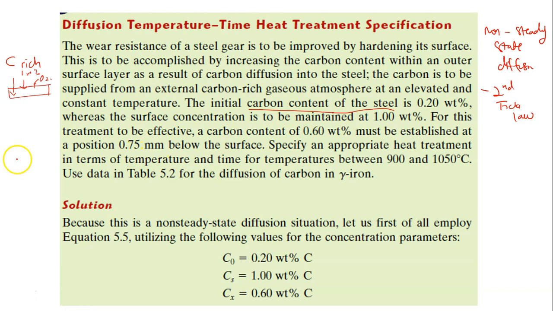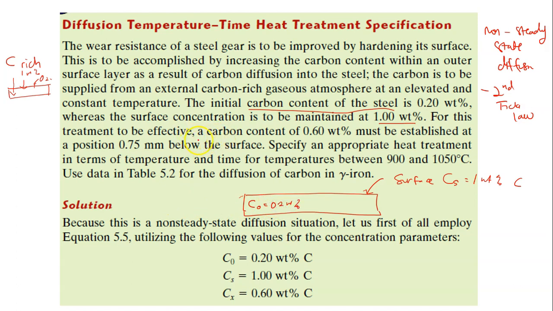So let me just draw this a little bit larger. So this is your steel, okay? And this is your surface, in which the concentration of the carbon here is 1 weight%, and the Cs is 1 weight% of carbon. And C0, the initial carbon content in this steel, alright? So we call it C0, 0.2 weight%.